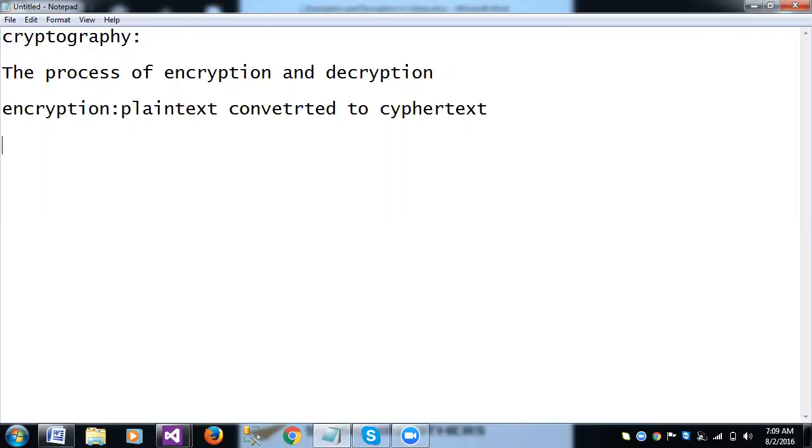For example, Lokesh is plain text, and internally L is represented by some symbols, O is represented by other symbols, K will be represented by something like an exclamation mark, E with something like an at sign, and S depends, they are internally represented as different combinations of characters. This we call plain text.